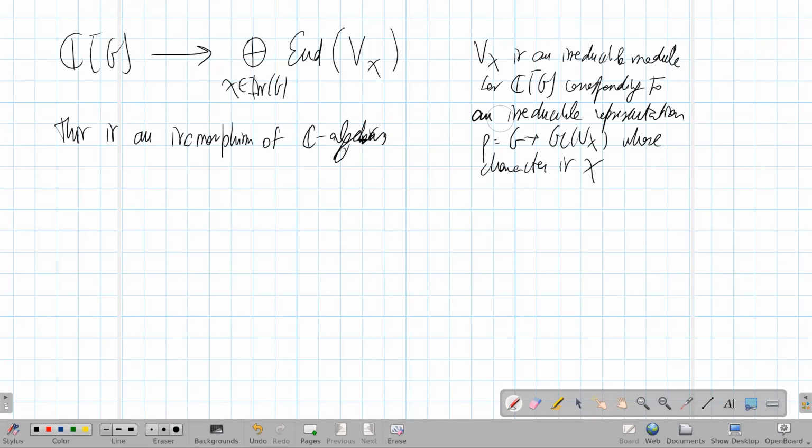And this induces, as we have seen, an isomorphism of the centers of the two algebras.